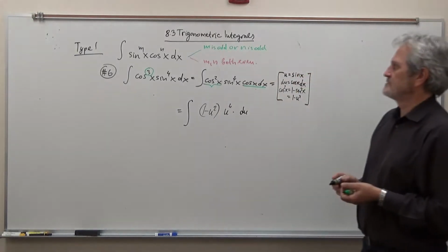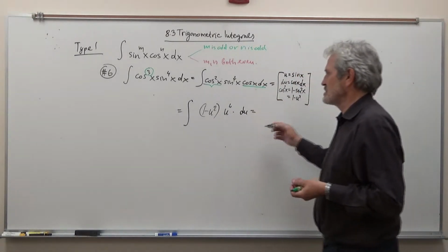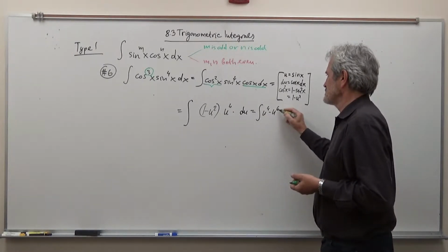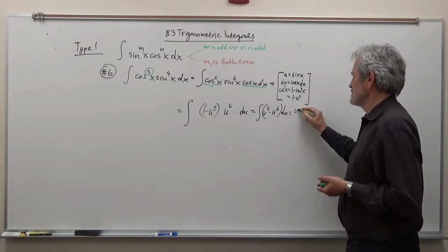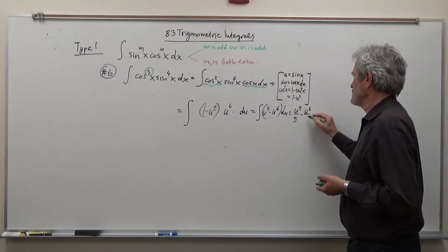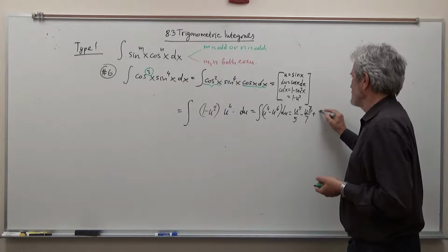Here it is. Everybody was treated nicely, then just distribute, integrate, so get integral of u to the 4th minus u to the 6th du, which is u to the 5th over 5 minus u to the 7th over 7 plus c.